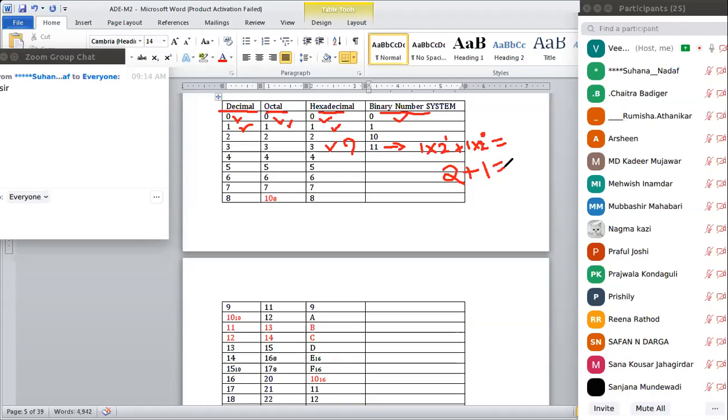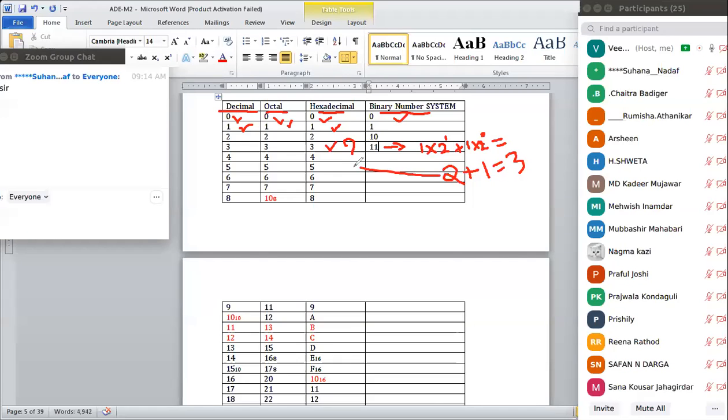So 2 plus 1 is 3. So when I combine these two numbers, it gives me the number 3 in the other systems.